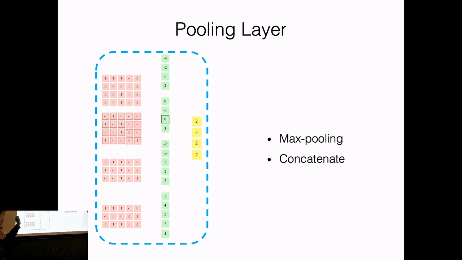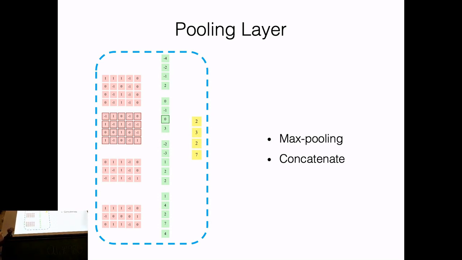For each group, we conduct a pooling operation. Maybe for the first group the maximum value is 2, so we put 2 here. For the second, the maximum is 3, so we put 3 here. Then here is 2, and here is 7.